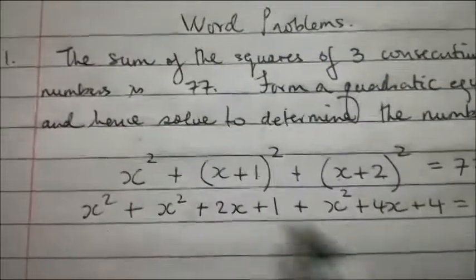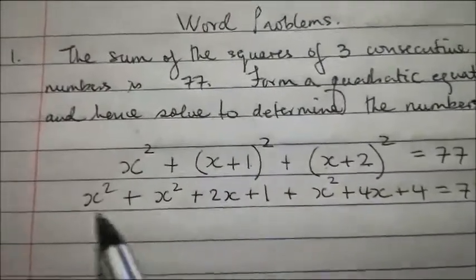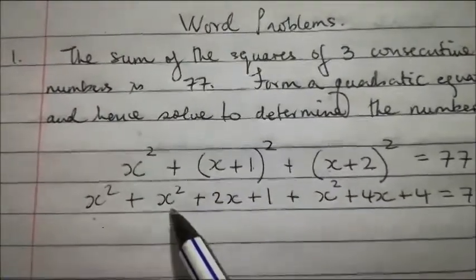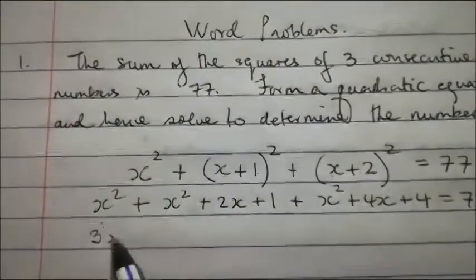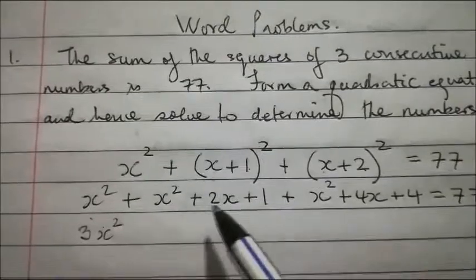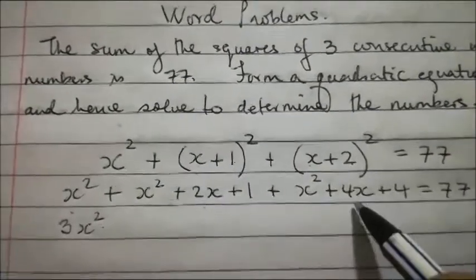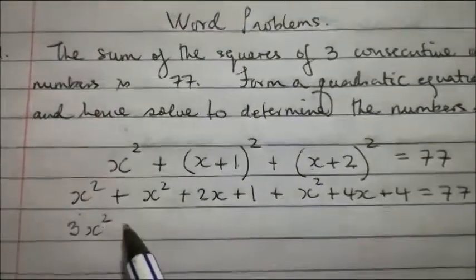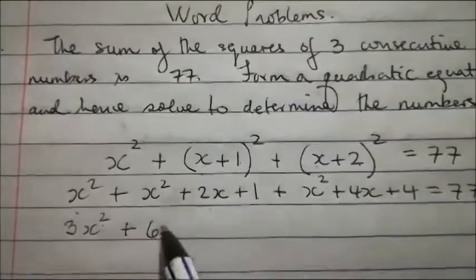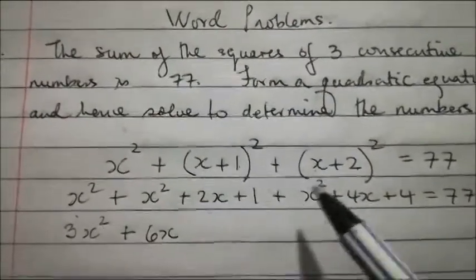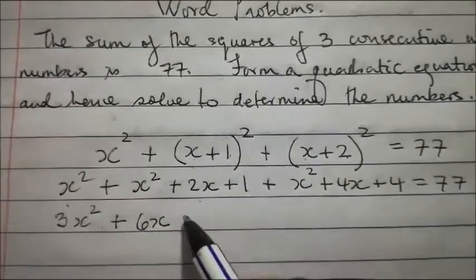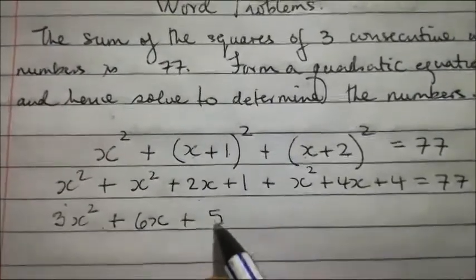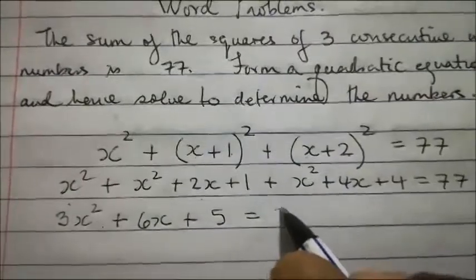Alright? So we're going to simplify what's on the left now. So we probably have 3x squared. We have a 2x and we have a 4x, and that becomes 6x. We have a 1 and we have a 4, and that becomes 5. And that's equal to 77.